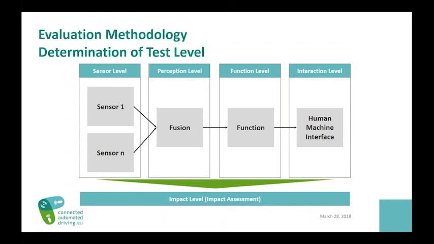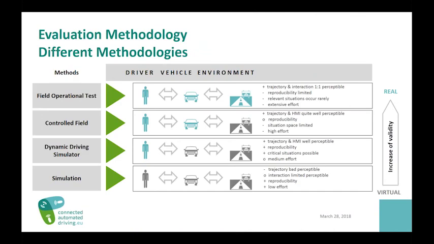You can start with the sensor itself, with the perception, with the sensor fusion, with the function, with the interaction with the human driver, if he needs to interact, if he needs to come back in a level 3 system. You can test, of course, the actuators and so on. And if you operate such a vehicle in a real environment with surrounding traffic, other traffic participants, then we talk about an impact level where we can perform the impact assessment.